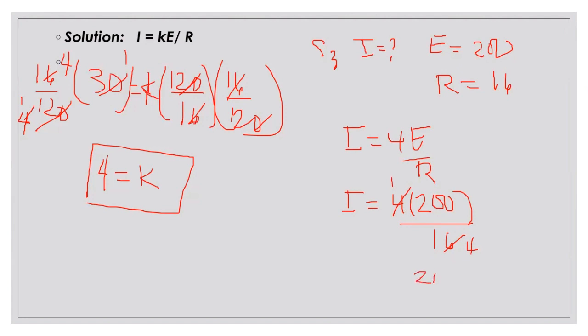Then simplify 200 divided by 4. So the current I is 50 amperes.